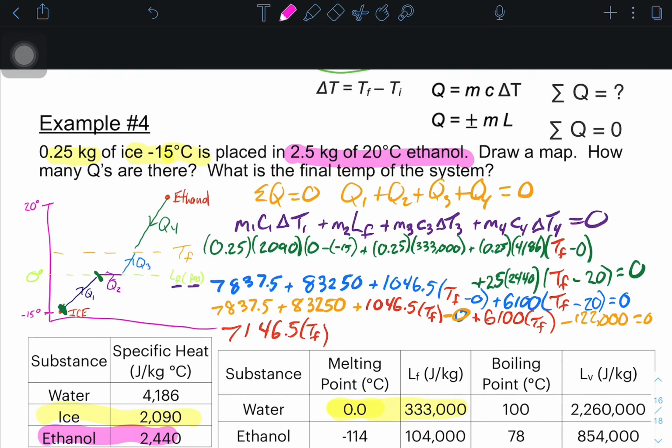We combine all my non-TFs, which are the orangish color, and that gives us a negative 30912.5, which is equal to 0, which then we add to the other side, and we get a final TF of 4.32 degrees Celsius. So that's how you do these problems. If you have questions, please let me know. Otherwise, good luck with your homework and your quizzes.